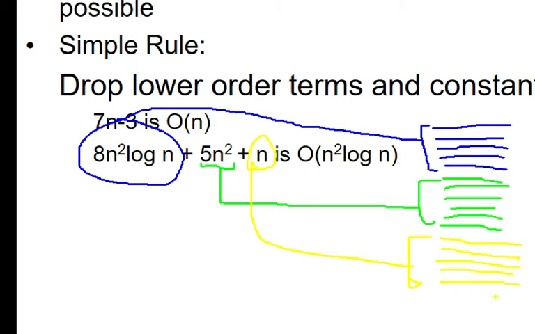Because we may have independent units within the same piece of code or within the same algorithm. So what we do is add them: we compute the time complexity of this blue portion and write it here, then we compute the time complexity of the green portion and write it here, plus we compute the time complexity of the yellow portion and write it here.